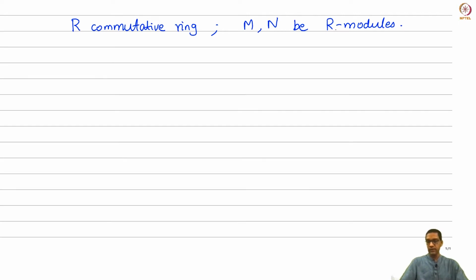When you have a module over a commutative ring, you can think of M as both a left as well as a right module over R, but also as a bimodule over R. So in fact, M as well as N are both bimodules. It's actually an RR bimodule.